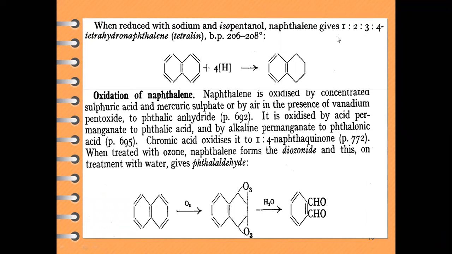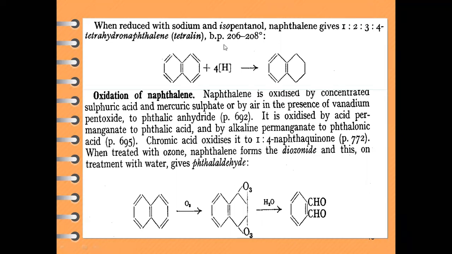In the first case, we reduced naphthalene with sodium and ethanol, and naphthalene gives us 1,4-dialine. This is the first possibility. The second possibility is when naphthalene is reduced with sodium and isopentanol. That time naphthalene gives us 1,2,3,4-tetrahydronaphthalene. So the double bonds in ring B are totally saturated, totally hydrogenated, and naphthalene is converted into 1,2,3,4-tetrahydronaphthalene.